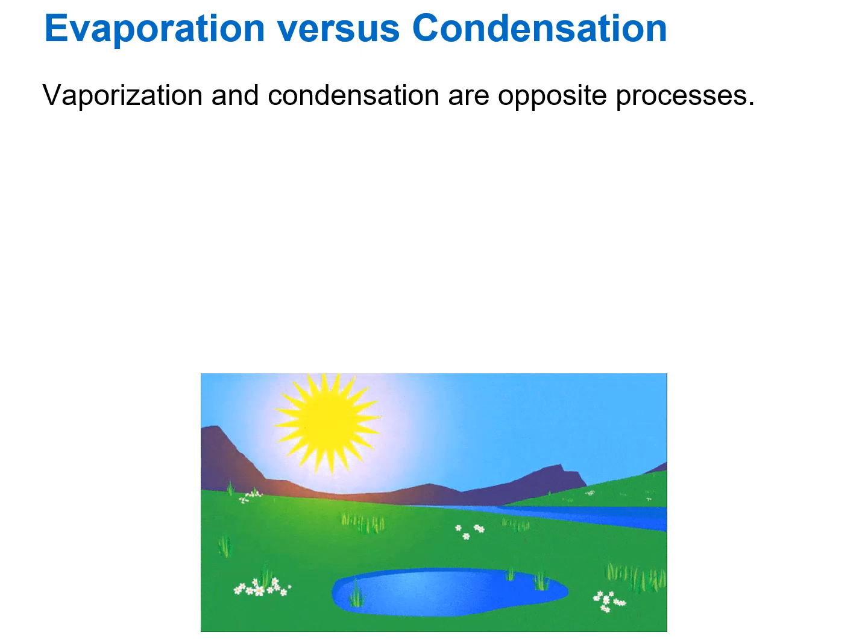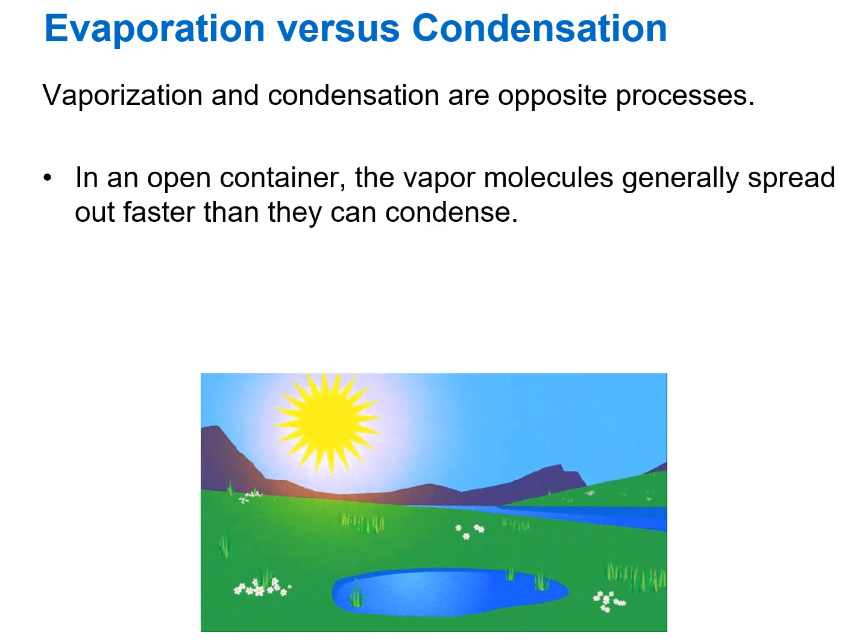So we have this image here of the sun beating down on this little puddle of water and it turning into a vapor. So this is a great example of vaporization. So how would we contrast evaporation and condensation? Well, evaporation and condensation are opposite processes. In an open air container, as what we have here with our pond on the surface of the planet, the vaporized molecules are generally going to spread out faster than they can condense.